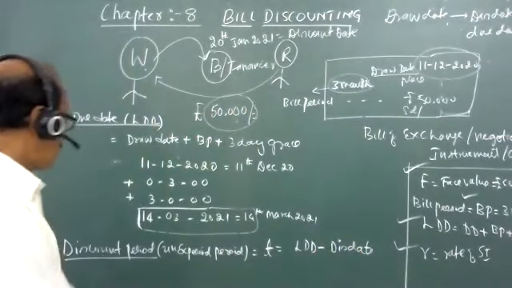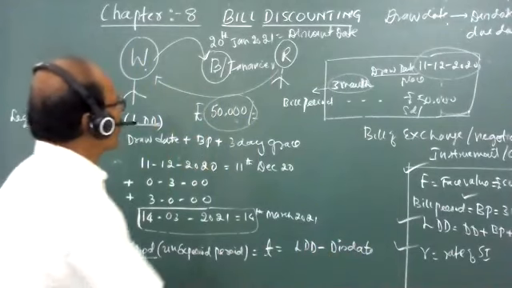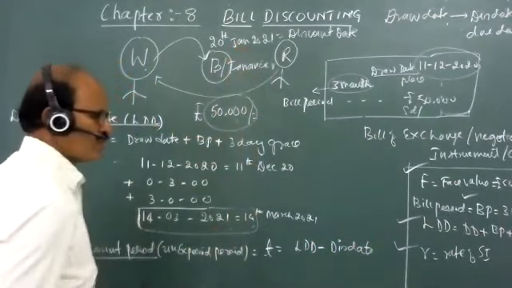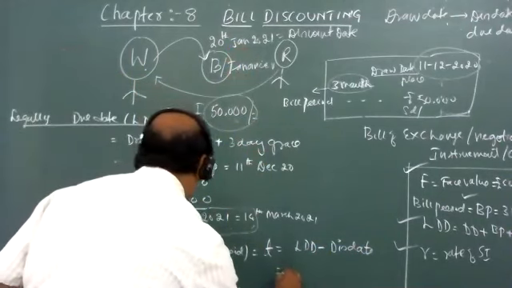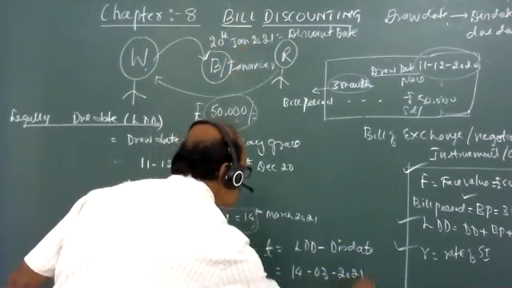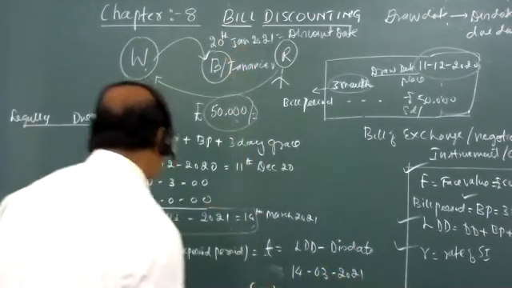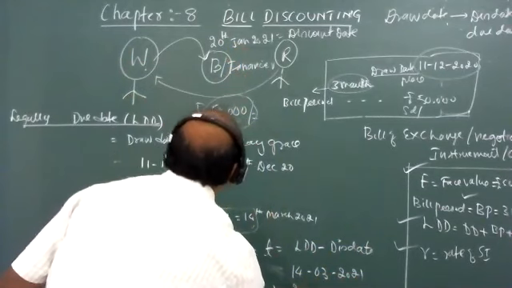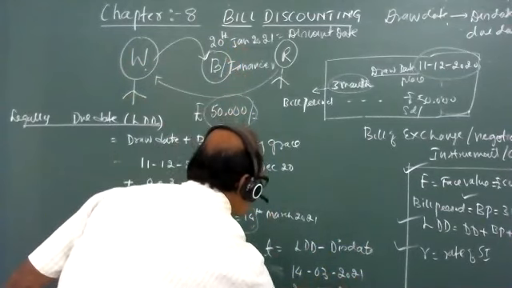So what is the discount period? It is the difference between this date and this date. The due date is 14th March 2021, minus this date, 20 January 2021.